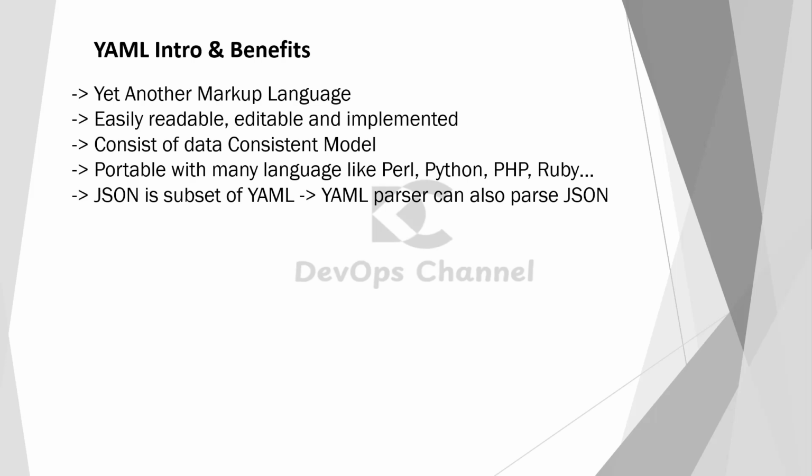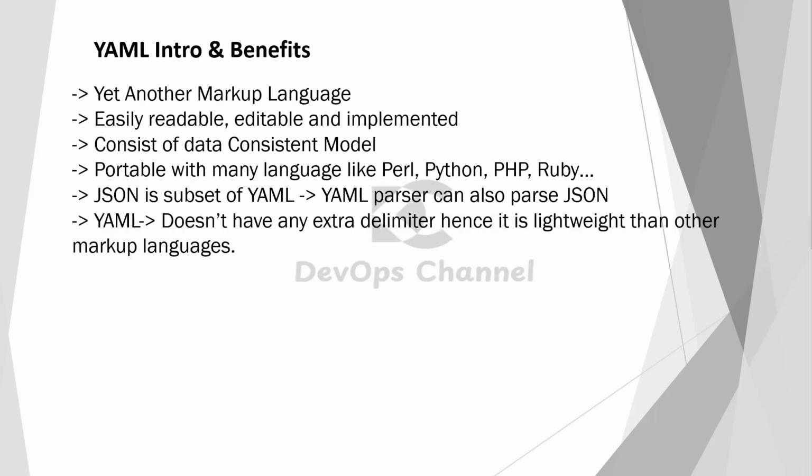We will understand the parser when we discuss the process. Next, YAML does not have any extra delimiters. You do not need to use braces or colons here and there many times like in JSON. That is what makes it more lightweight than the other languages.